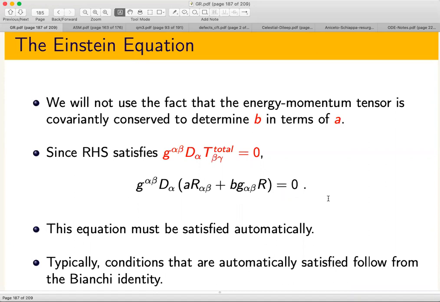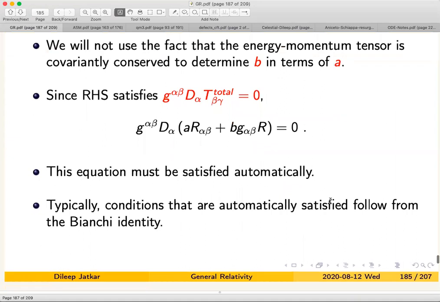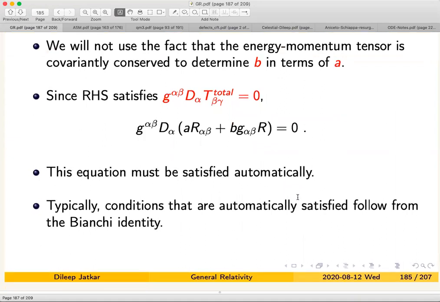Period. Now we know that there exists a similar equation that we had derived using the Bianchi identity. In fact, what I want to say before that is that if you have some expression which vanishes identically, then it typically smells of a Bianchi identity. For example, in electromagnetism, you may have to show that del dot E is equal to zero or del dot E is not equal to zero, depending upon what is the charge distribution.